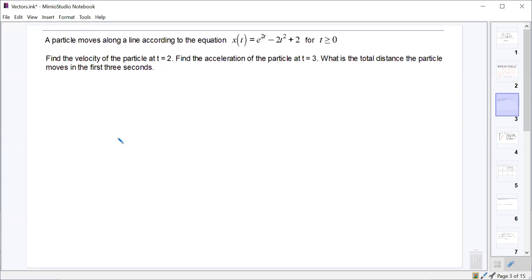First, we need a velocity function, which is the derivative of e to the 2t, which ought to be 2e to the 2t, and then minus 4t. And if we're going to evaluate that at t equals 2, what do we get? 2e to the 4th minus 8.